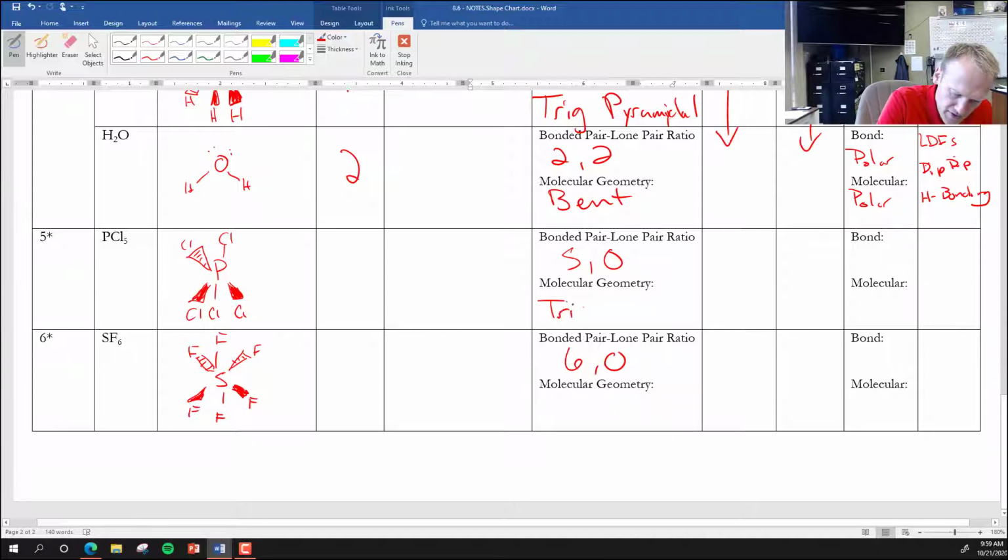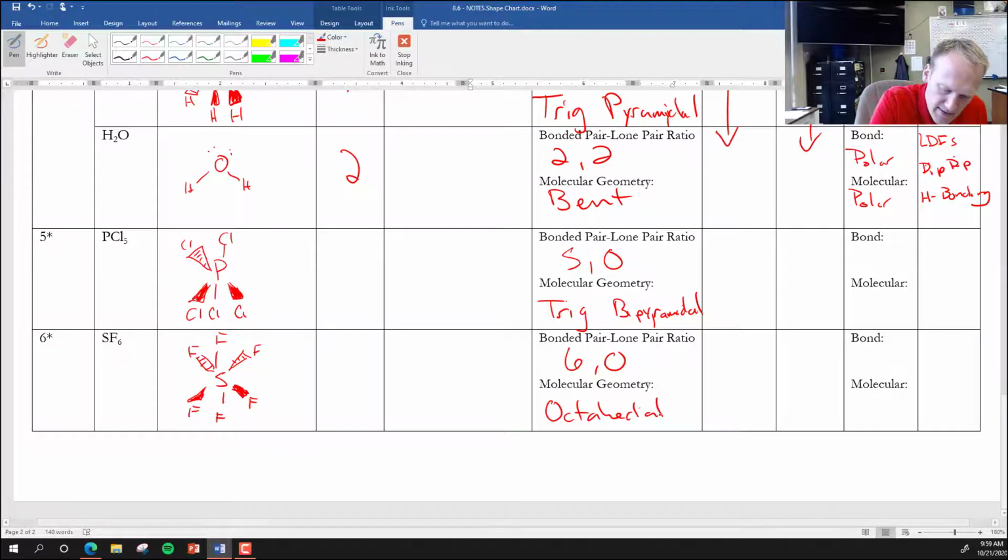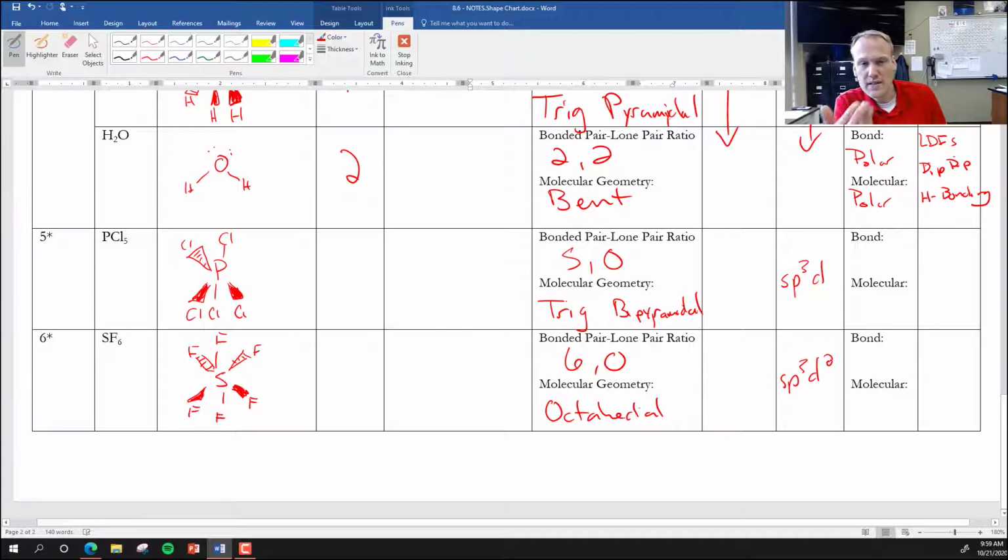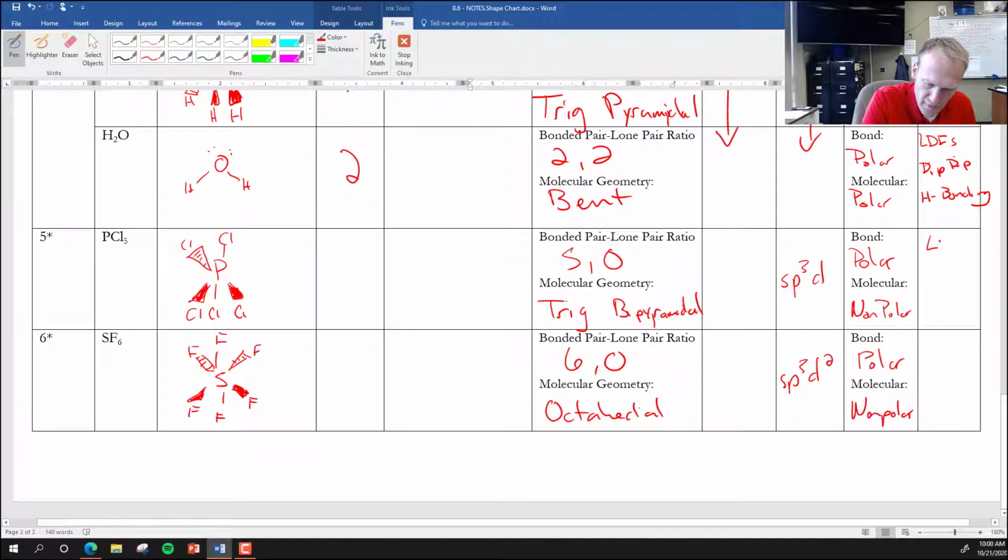The geometry here is called trigonal bipyramidal and octahedral. You don't need to know the bond angle for these, and we have sp3d and sp3d2 because we've added 2 d domains to the central atom. These are polar bonds, but nonpolar molecules, and therefore they would both have LDFs, and only LDFs.